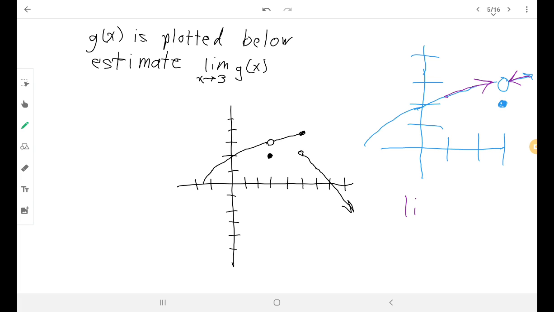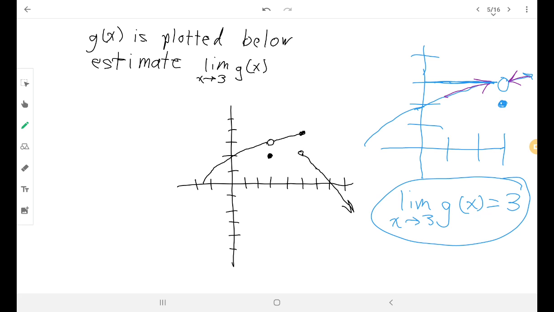So the limit, let me do that in blue, as x approaches 3 of g of x equals the manhole, not the piece of street that they molded and put at the bottom of the manhole. And that value is a y value of 3.